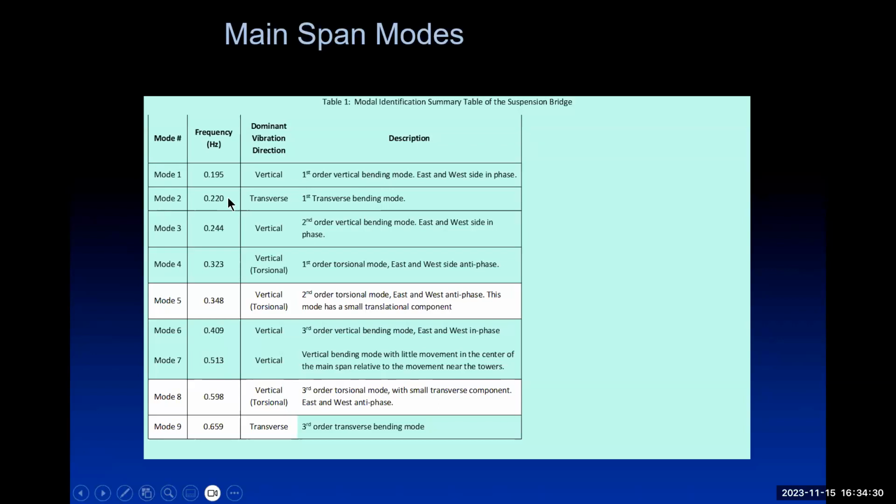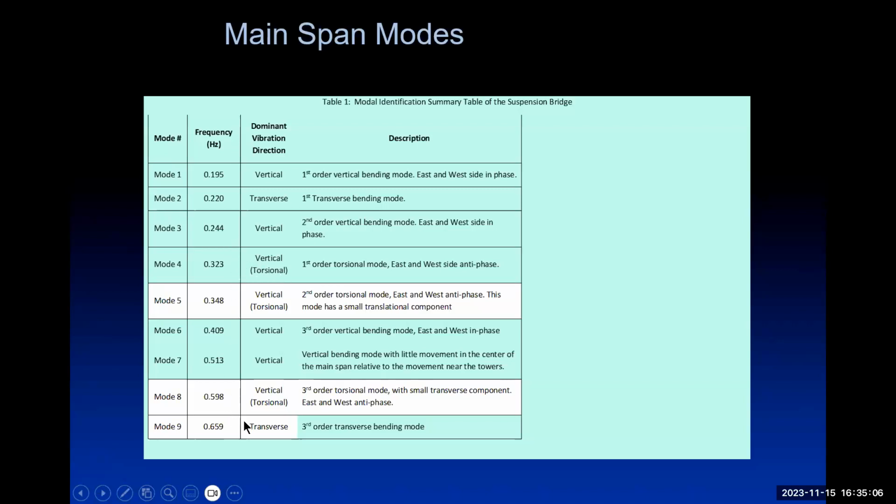And then we had 0.22 hertz, a transverse motion, upstream, downstream, first transverse bending mode, and then 0.244 hertz, vertical mode, second order east and west side in phase. So what we've got here is, in a realm of 0.05 hertz, three modes of vibration, and these can all transfer energy from one to another.